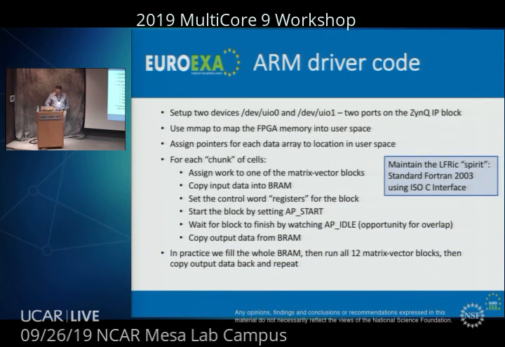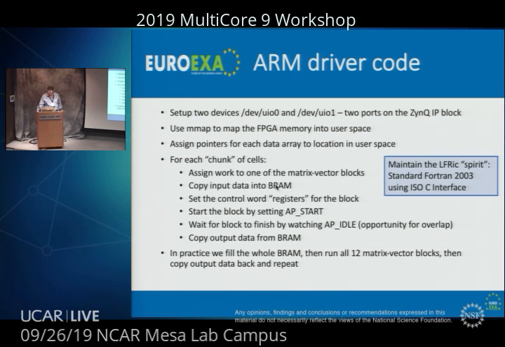And the ARM code then has to drive this. Each block has some registers. They're really locations in memory with bits that allow you to start and stop the block and check whether it's active or not. So on the ARM code, you can set the AP start bit and watch the AP idle bit to see when it's finished, and when it's finished, you can copy the output data.